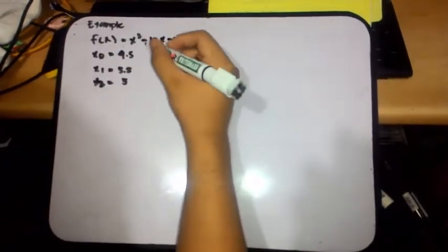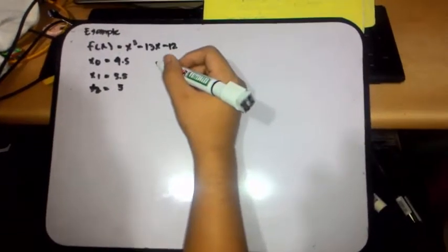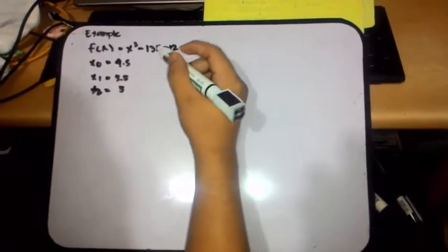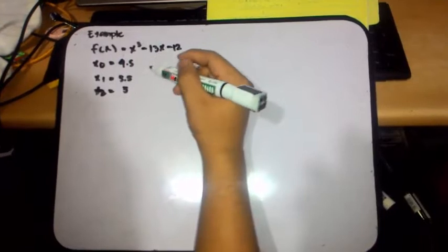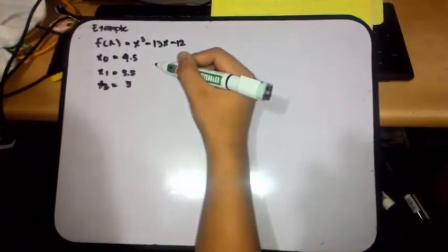Now we are given a function, x cubed minus 13x minus 12, and initial values of x sub 0, x sub 1, and x sub 2 equal to 4.5, 5.5, and 5.